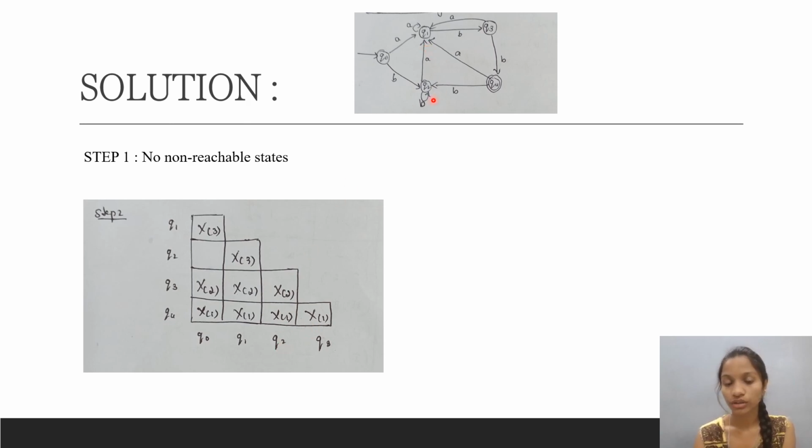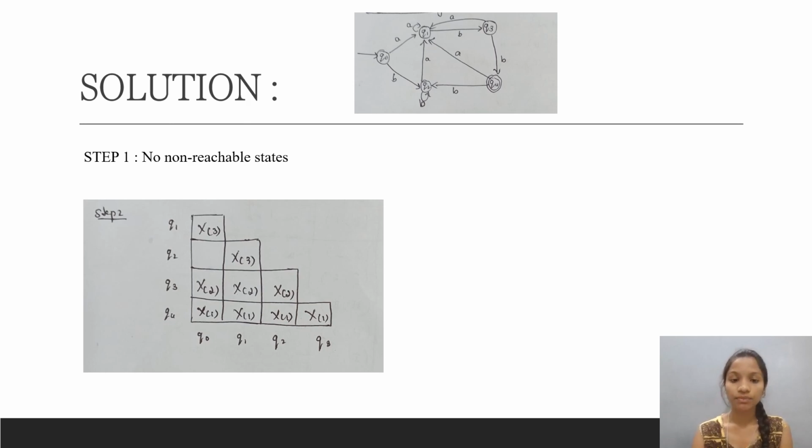Is either a final state? No, so we should not mark. And Q2, Q4: Q4 is a final state, so we'll mark it and denote it as the first step. Then Q3, Q4: Q4 is a final state, so we'll denote it as the first step. This is the first step after creating the table. In this first step, all the bottom four boxes get marked.